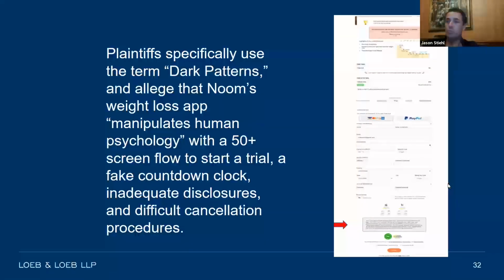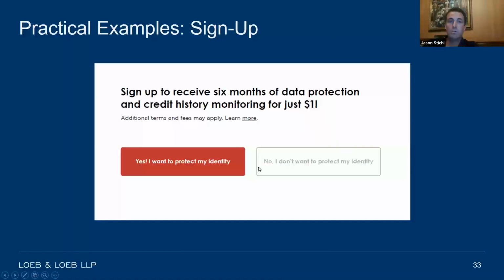And number 2 on the plaintiff side was this consumer fraud user interface concept. They actually didn't use the phrase dark patterns, but they referred a lot to the types of things that David mentioned earlier, the confirm shaming and the obstruction and the multiple click-throughs. So I think it's just a matter of time before they get more and more savvy on what Congress is already starting to do and other state legislatures are starting to do.